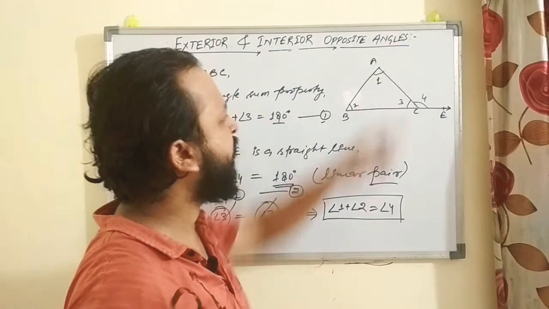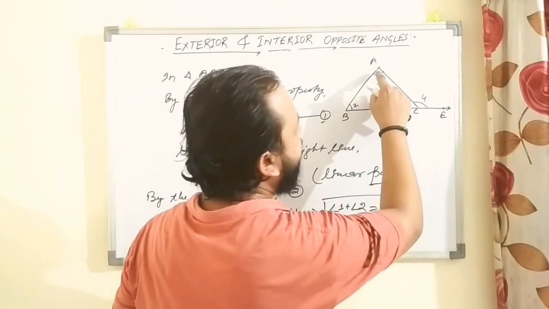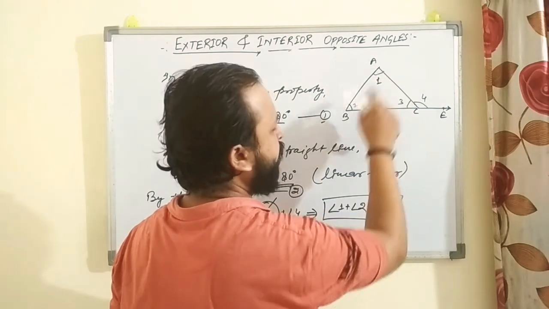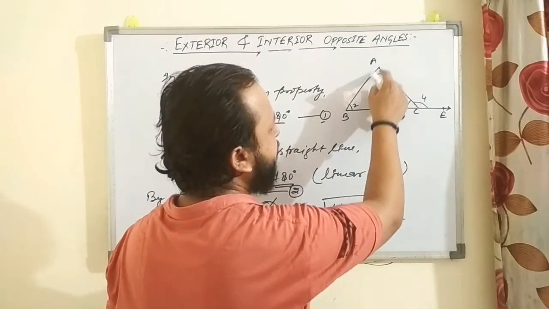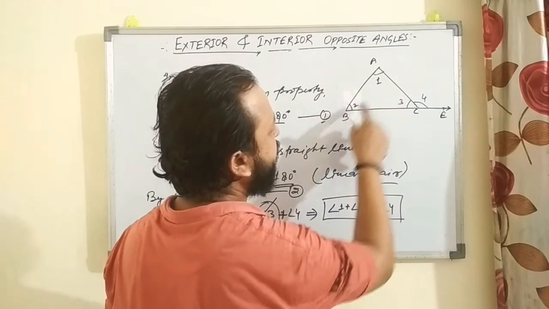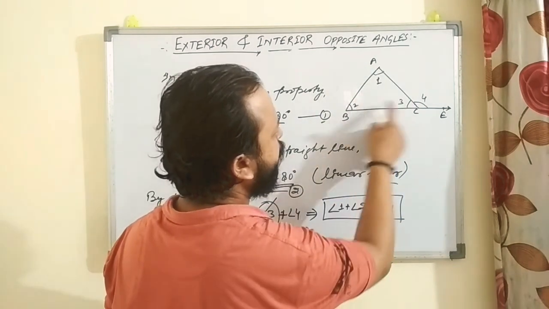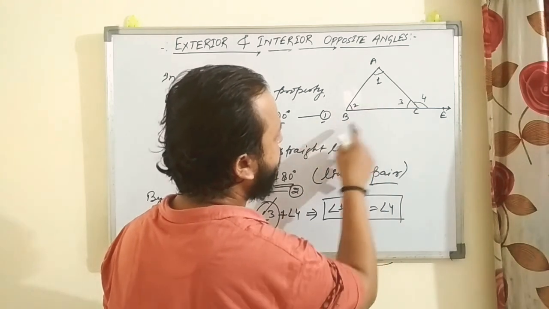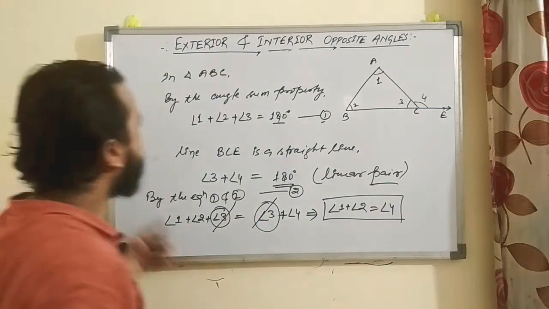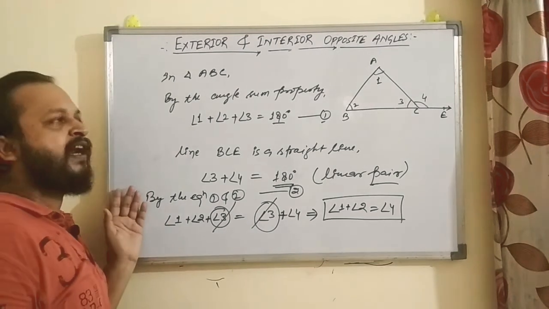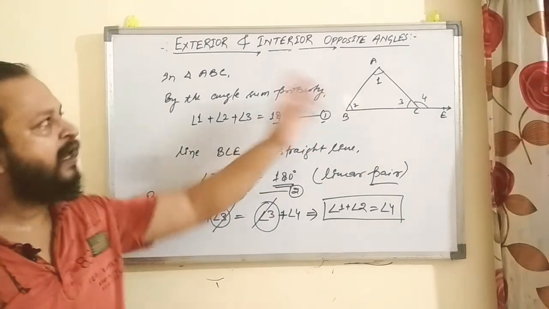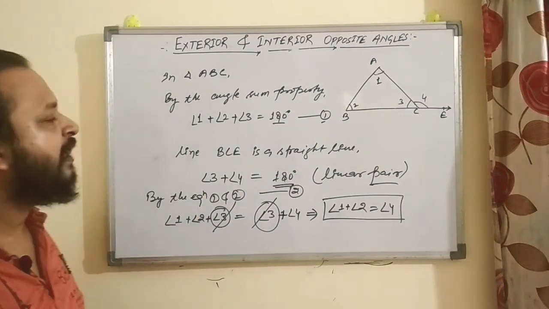At any of the points, if you extend here, this angle is along with that particular angle, so the sum of this angle must be 2 plus 3, and here also the sum of the angle must be 1 and 3, right? So this is the proving part of the exterior angle and their opposite interior angles.